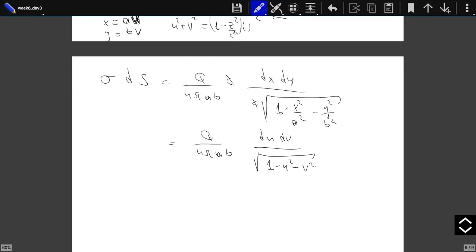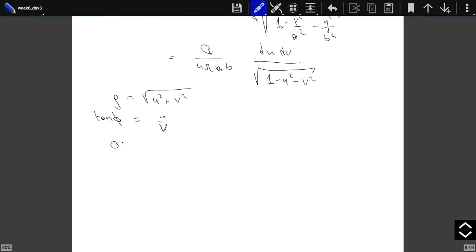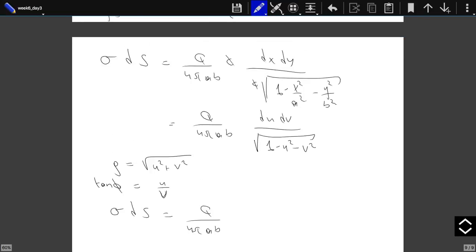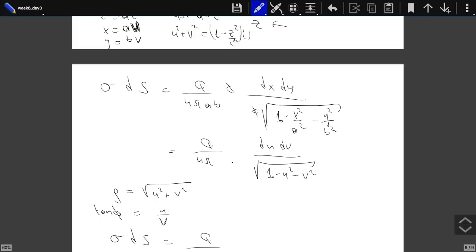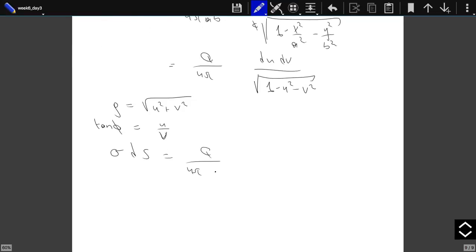Just make one more change of variable. Define rho equal to the square root of u squared plus v squared, and tangent phi equal to u over v. Sigma times dS just becomes q over 4 pi ab, no, sorry, ab also cancels. There are no ab's because dx is a times du, etc. And you end up having rho d rho d phi divided by the square root of 1 minus rho squared.